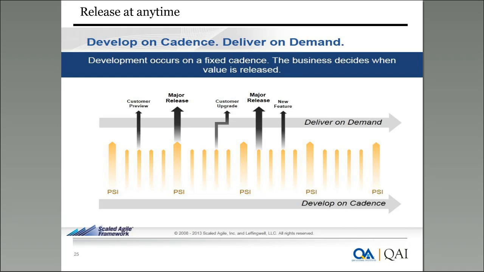Then the system demo happens, and at the end of the program, after the 5th increment, there is one separate sprint called inspect and adapt, where the outcomes of the last 5 sprints are integrated, and there is a big demo made, and they showcase the program output to the different stakeholders.